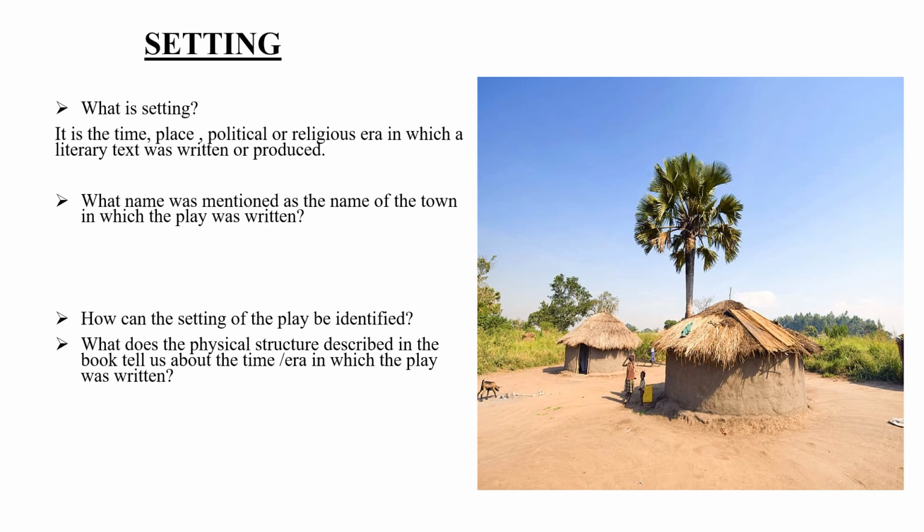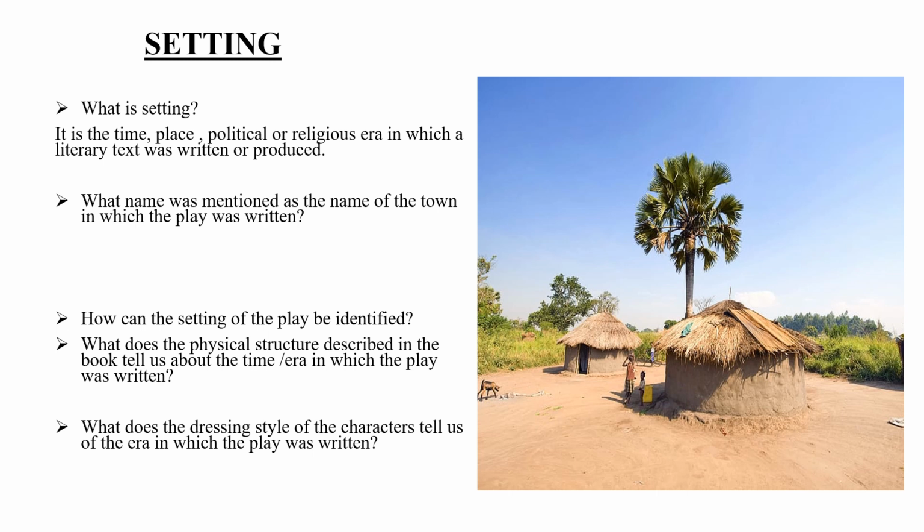Now, what does the dressing style of the characters tell us of the era in which the play was written? When Sidi was described in the text, she was described as wrapping a cloth on top of her breast and folding it in so that it doesn't fall off easily. And she was carrying pots of water on her head. Do you still see people doing that often in recent times?